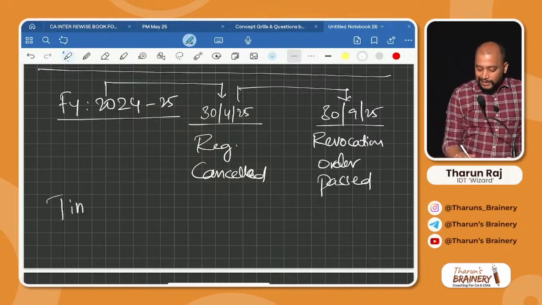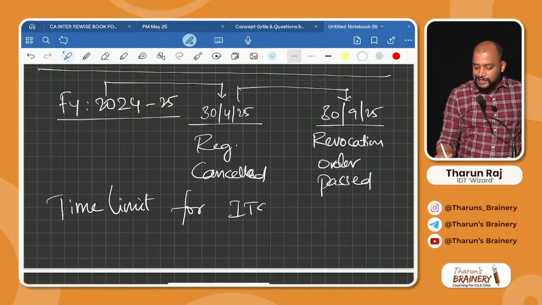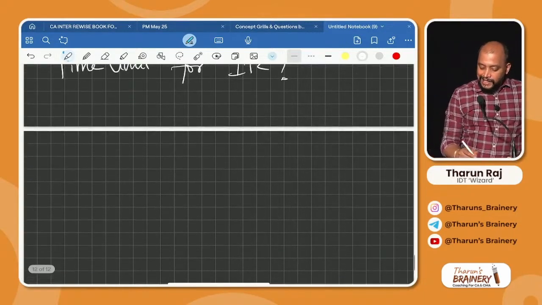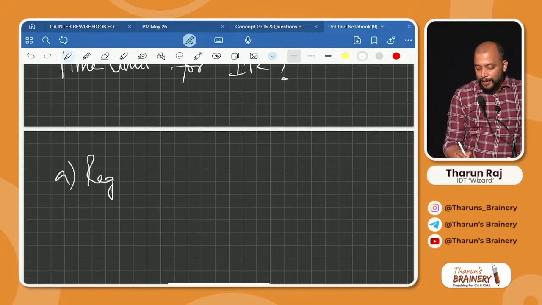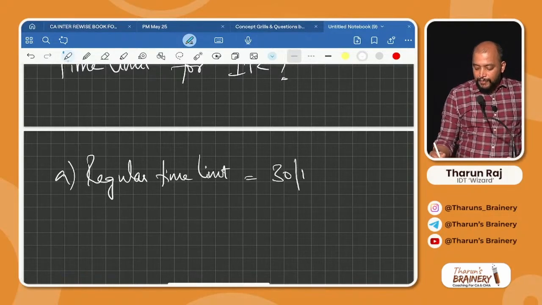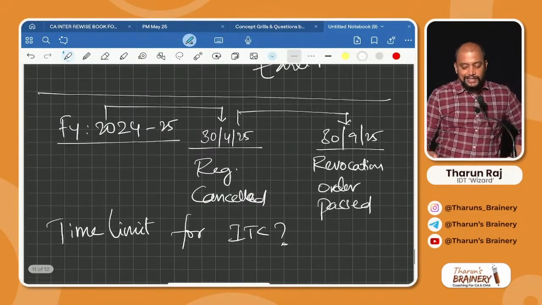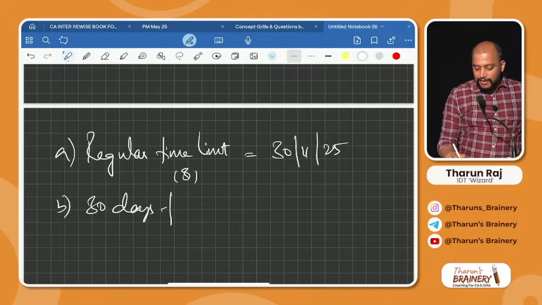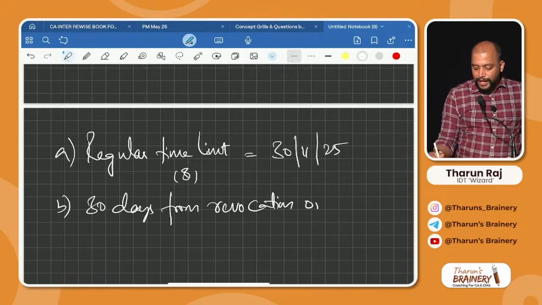What is the time limit for ITC in this case? They have brought in one new provision. What are they telling? A regular time limit. What is the regular time limit? 30 November 2025, correct? 30 November 2025, or B, 30 days from the revocation order.